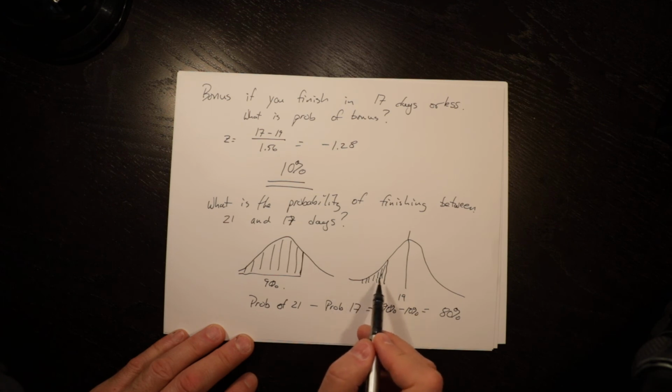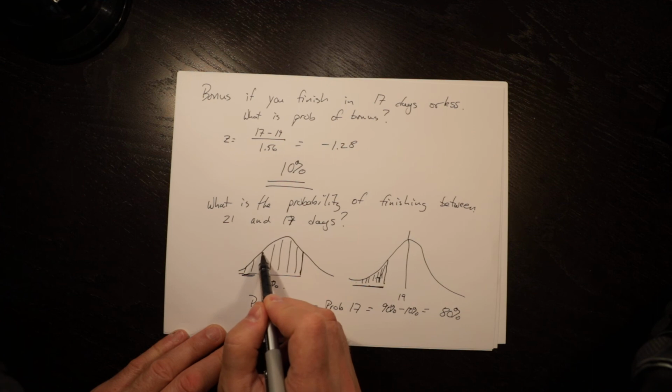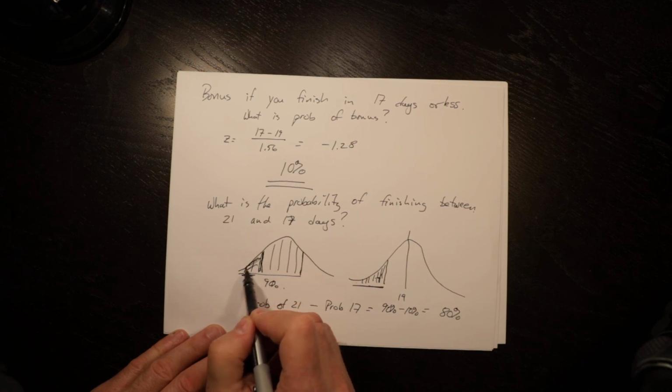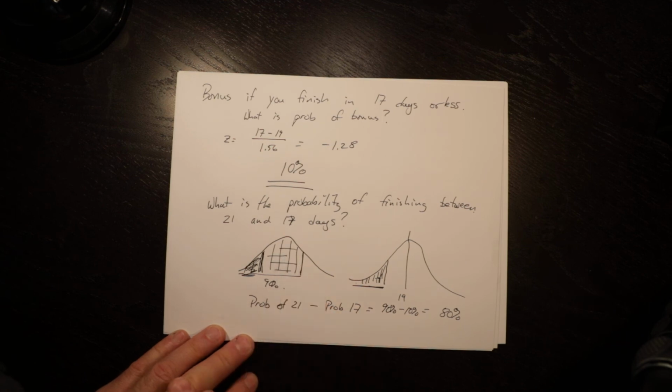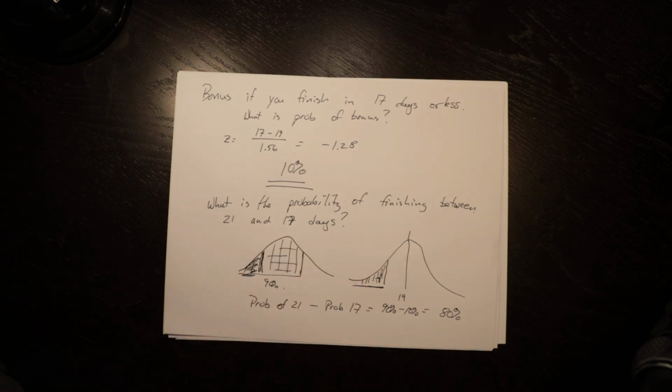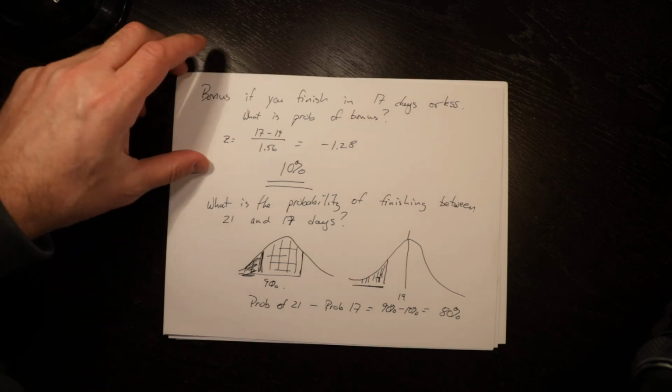What we've essentially done is taken this amount out of here and figured out how much is left, and that's 80%. So we have an 80% chance of finishing between 17 and 21 days. Relatively straightforward, it just needs us to think a little bit about the symmetric normal distribution.